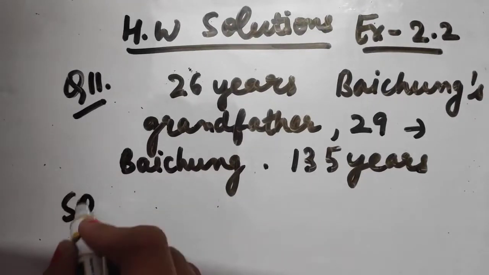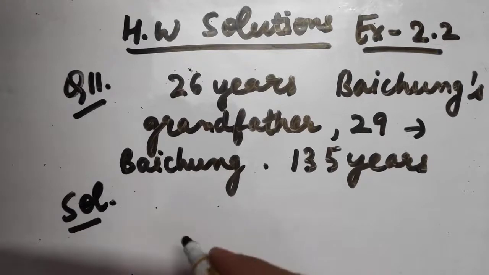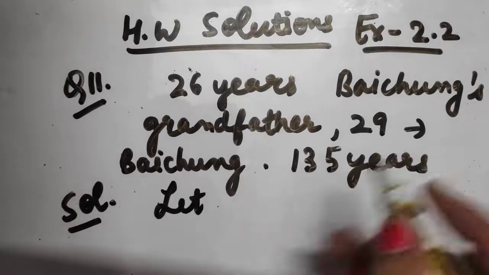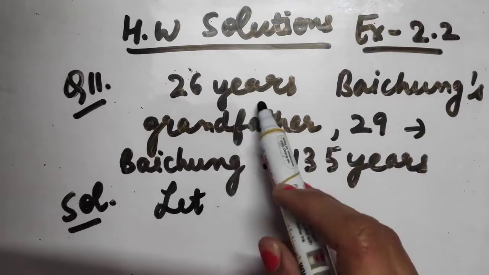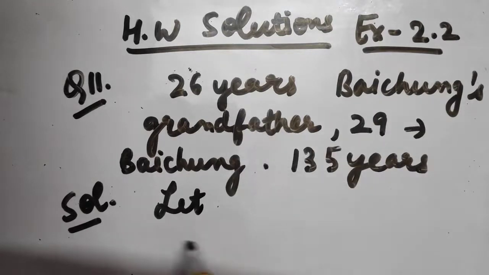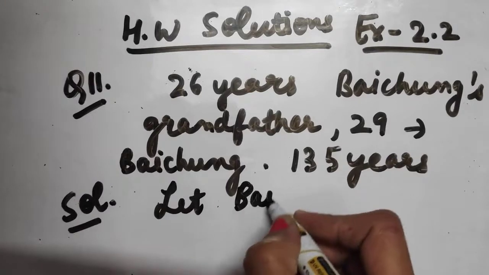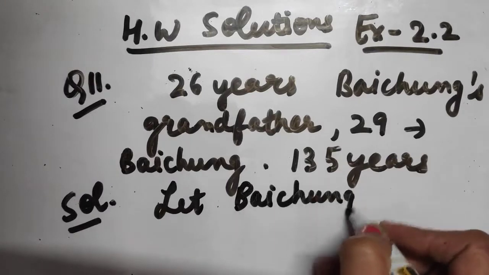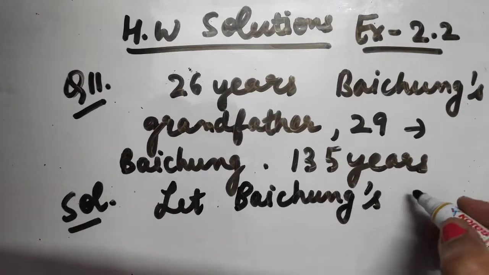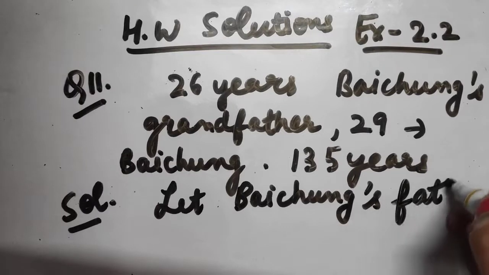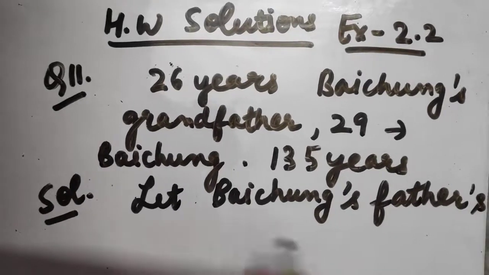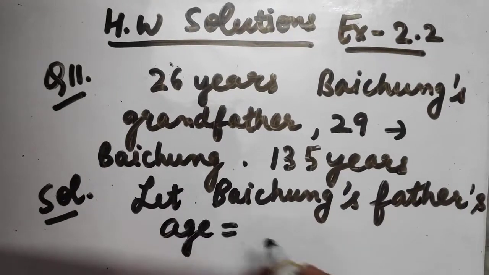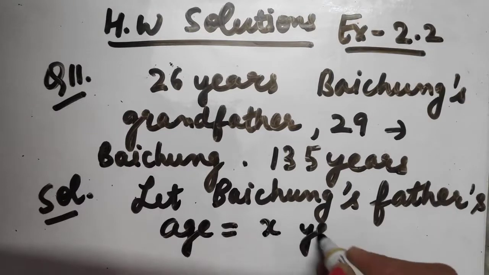Now, I am going to solve this question. Let Baichung's father's age be x years.